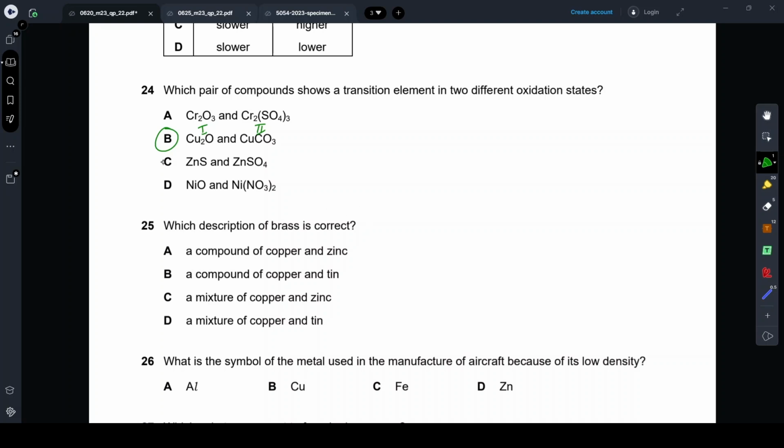The first one, both of these are chromium 3. Both of these are zinc 2. And both of these are nickel 2. You had a question, Haram? No. Okay. All right.